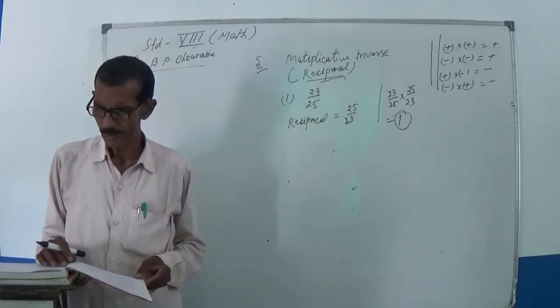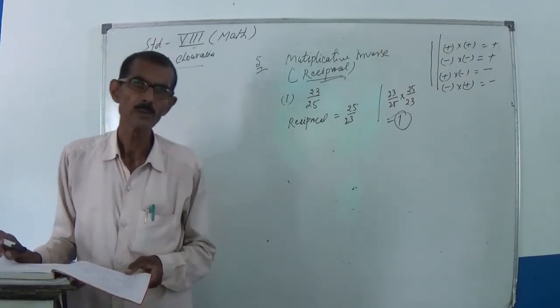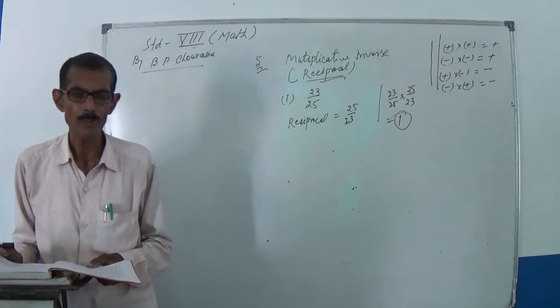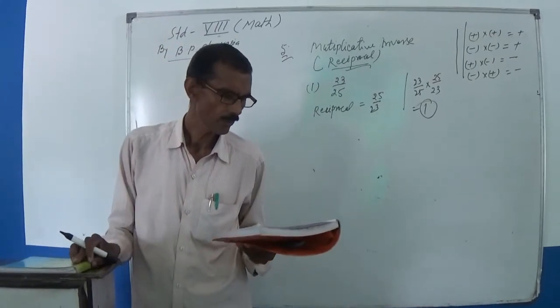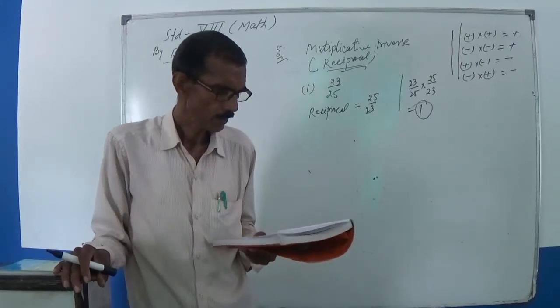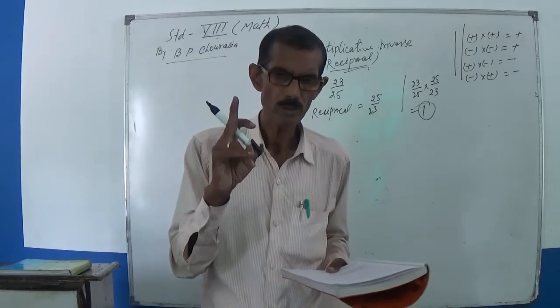in question number 9. This is based upon the theory of rational numbers, the basic concept of rational numbers. Read this carefully. You can obtain the answer of this question. The product of a rational number and its reciprocal is 1.